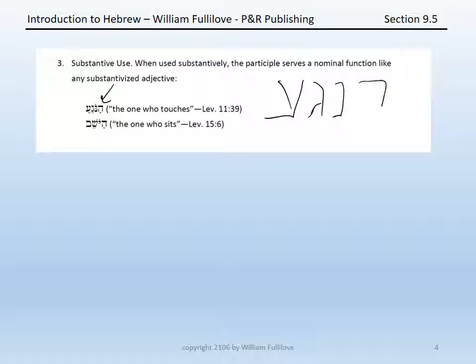Note that the definite article has caused ha and the doubling of the nun. Or Leviticus 15:6, ha-yoshev. Yoshev is the qal active participle masculine singular of yashav. And then the hey on the front is again the definite article, causing the doubling of the yod, the one who sits.